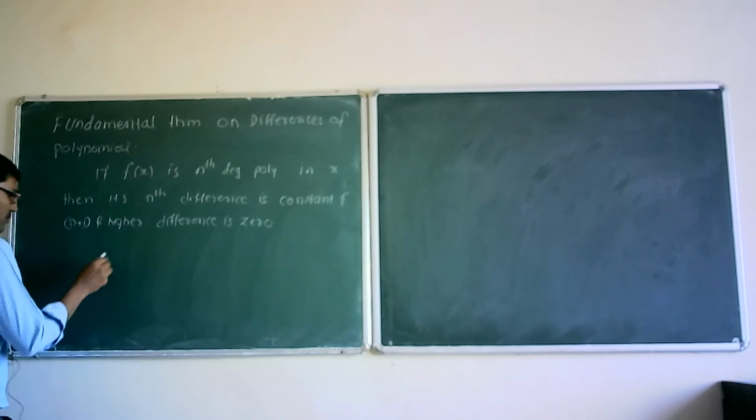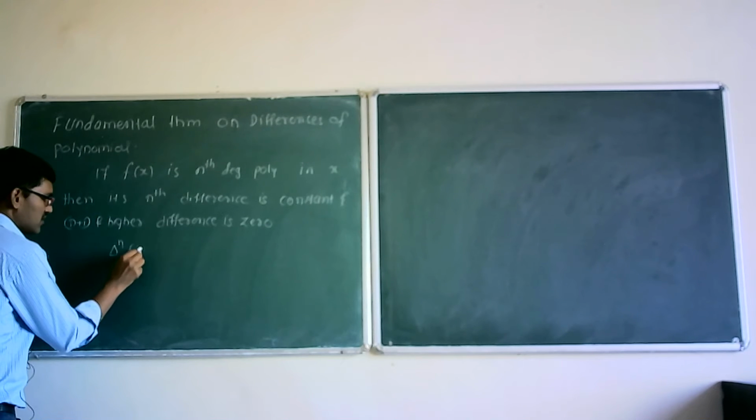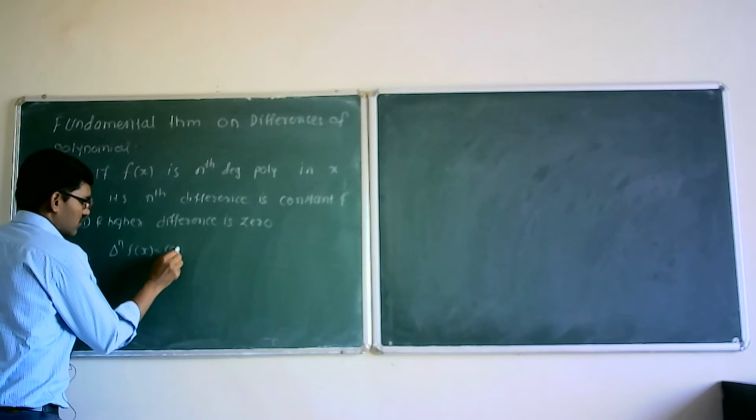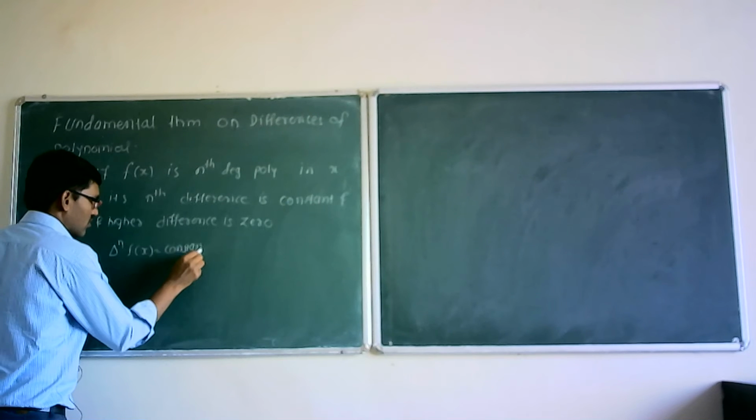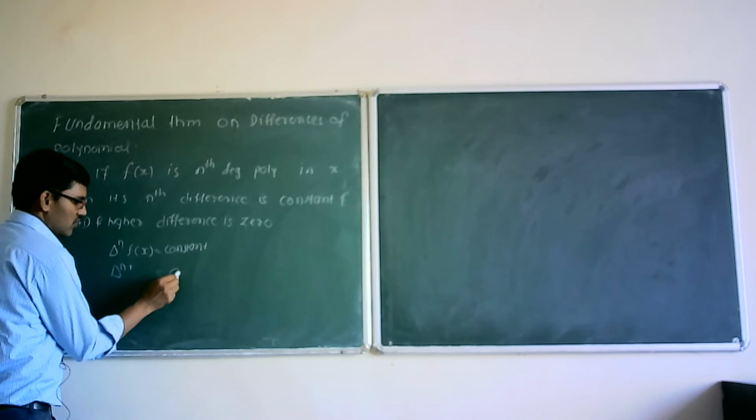Means what? If f of x is a given polynomial of degree n, then its nth difference is constant and its n plus 1, n plus 2 differences are all equal to 0.